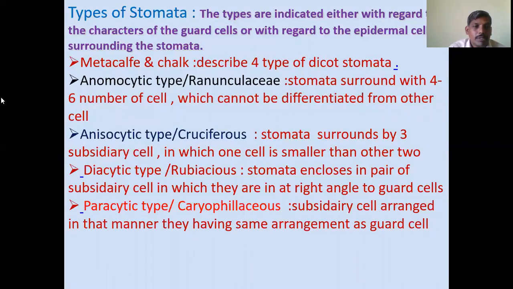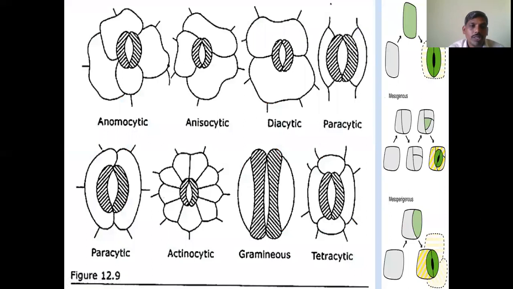The second type is anisocytic type or cruciferous type. Here the stomata is surrounded by 3 subsidiary cells in which one cell is smaller than the other two. By observation of the picture in the cross section of the leaf, the two guard cells are surrounded by 3 subsidiary cells.